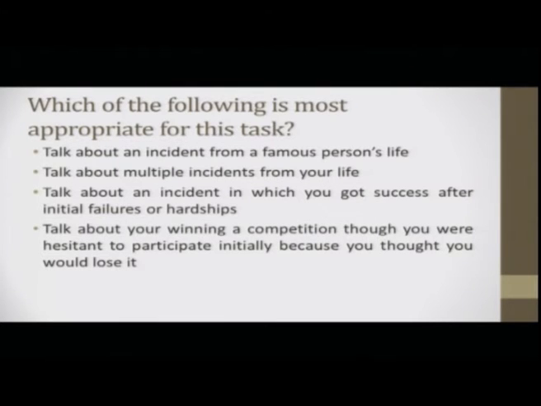Fourth one, talk about your winning a competition, though you were hesitant to participate initially because you thought you would lose it. So, which one is most relevant for this task? Let us look at them one by one.